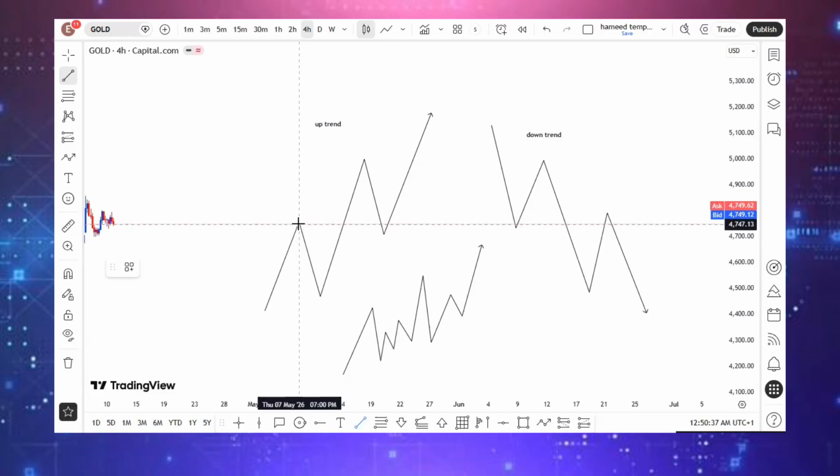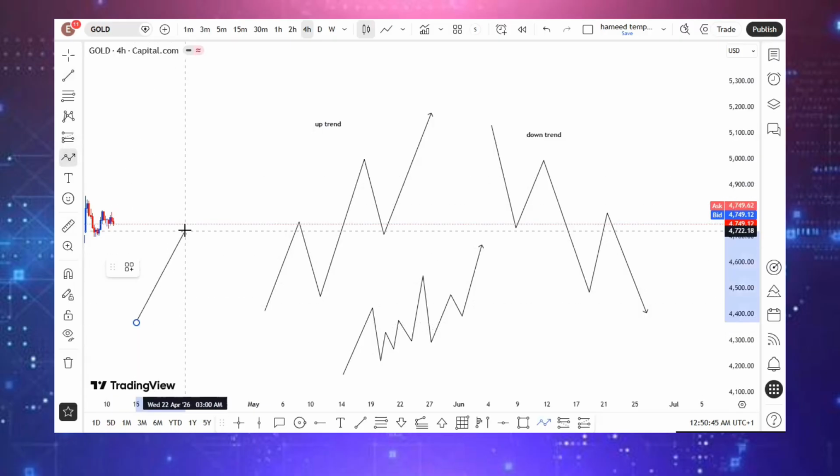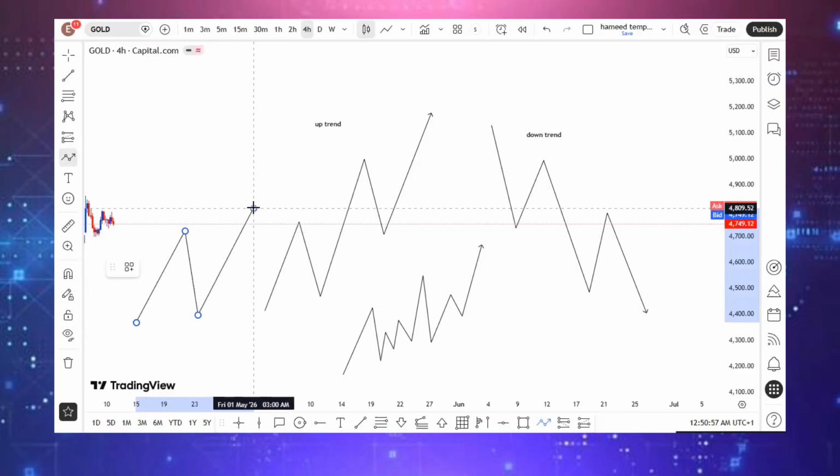This is what I mean. The market has to break this. Let's say we have the market moving like this, coming down to this level. The market has to break this one before we have a break of structure, because this is our low and this is our recent high. Once the market breaks it like this, then we are having a break of structure.